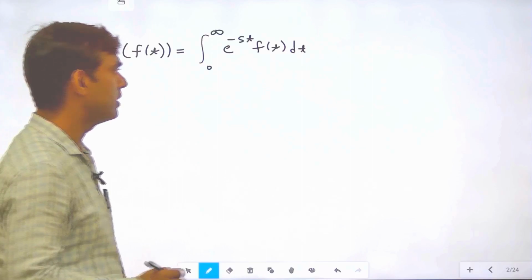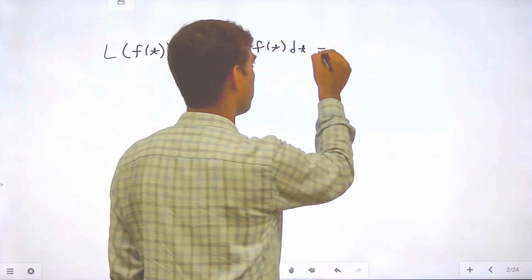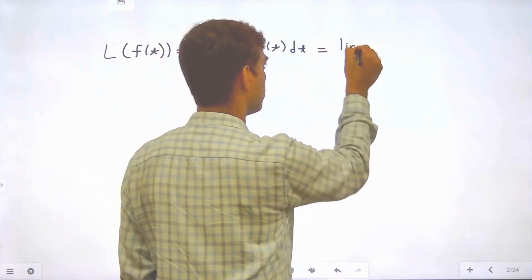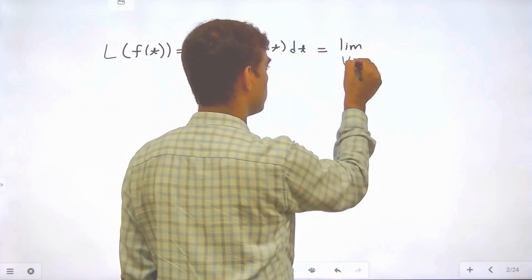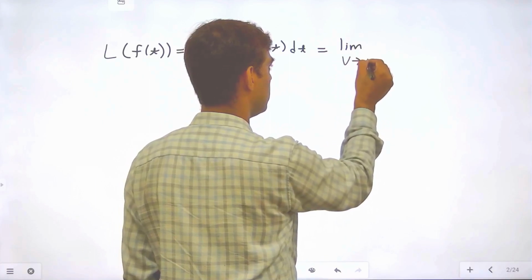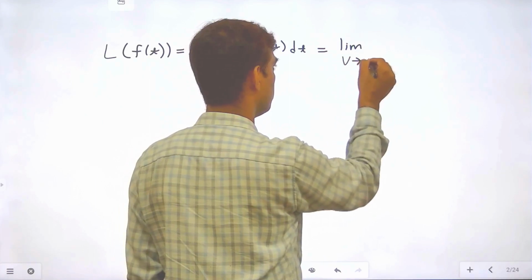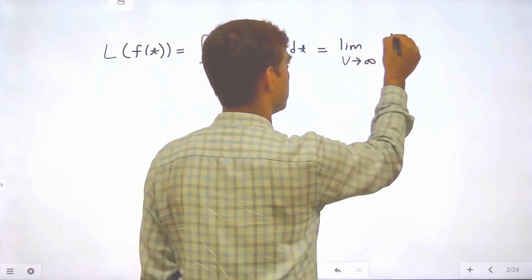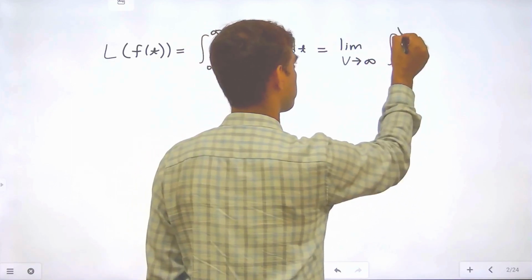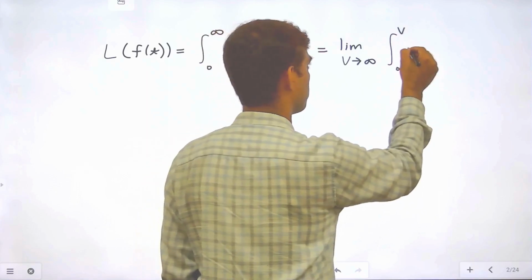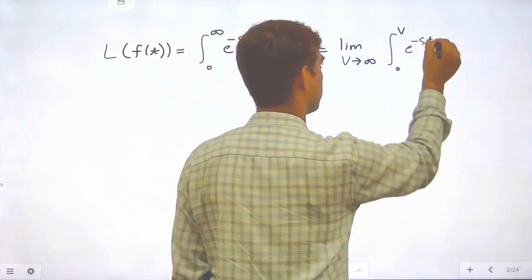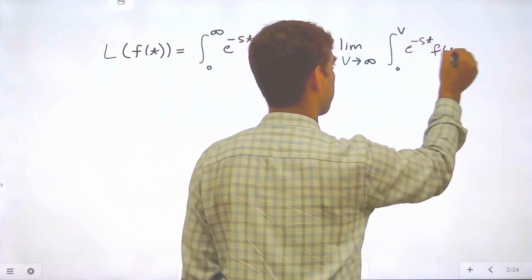This can also be written as the limit as v tends to infinity of the integral from 0 to v of e to the power minus st f(t) dt.